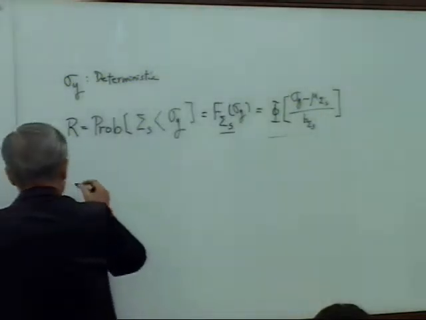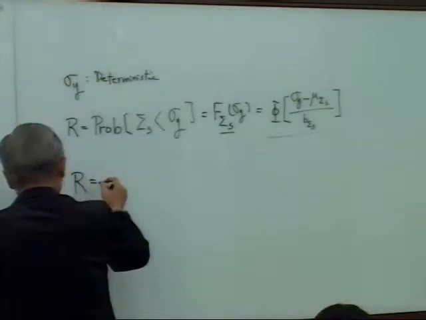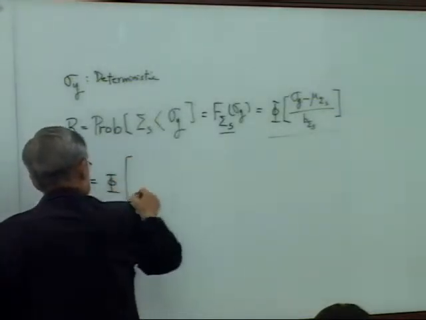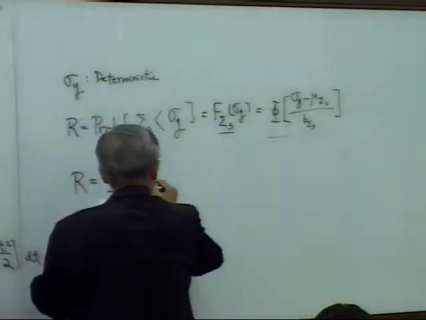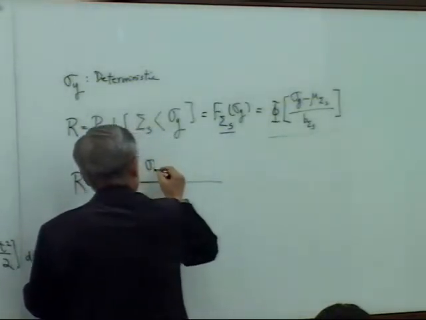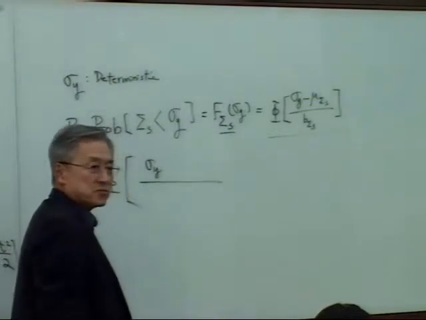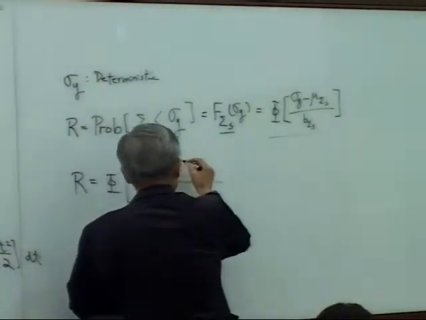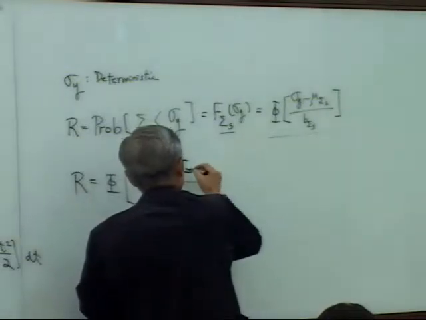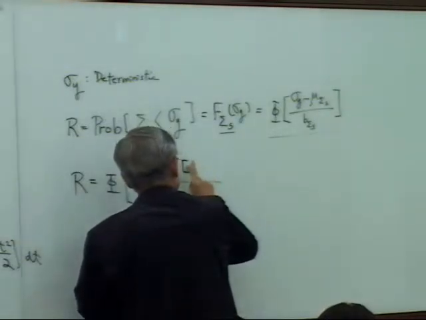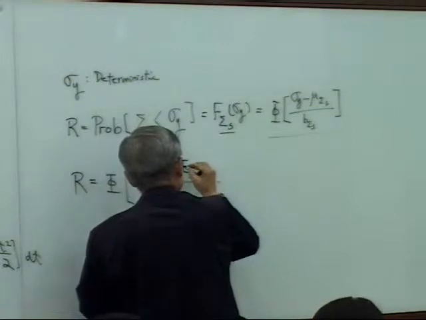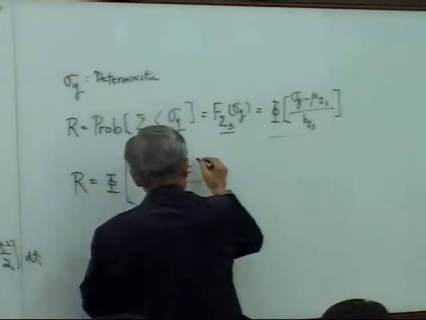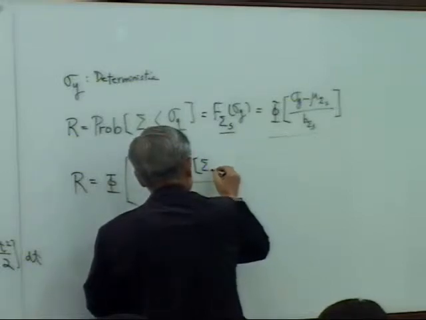And then R can finally be replaced with the value. Sigma y is a deterministic yield stress. It's a deterministic value. And mu, using the same notation, is the mean or expected value of e to the s.